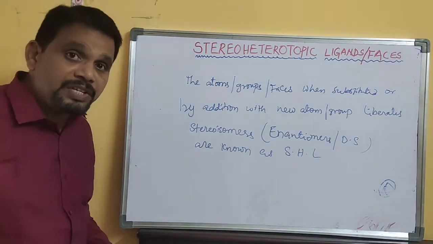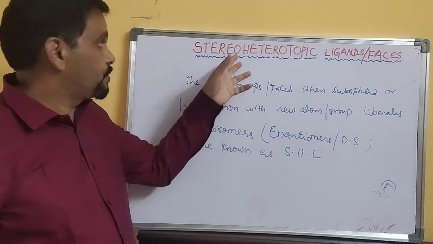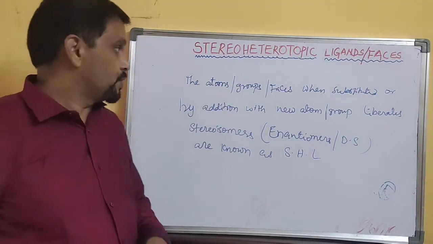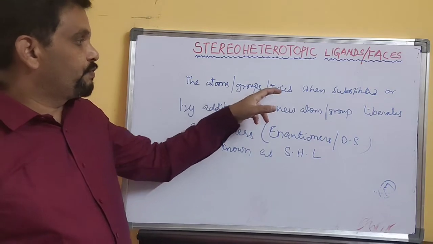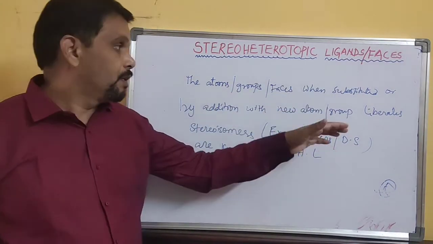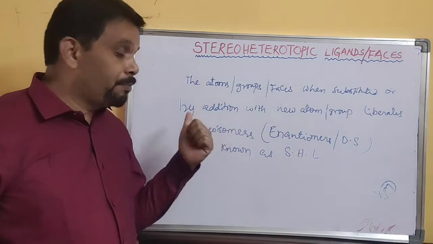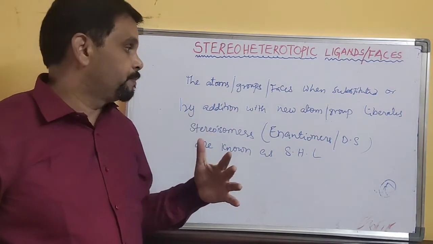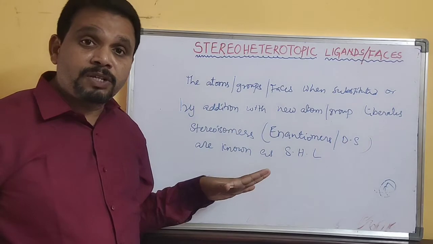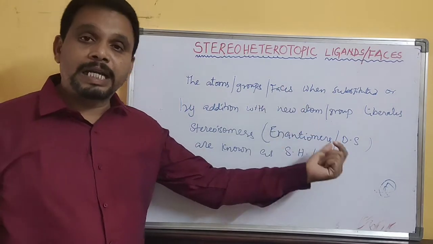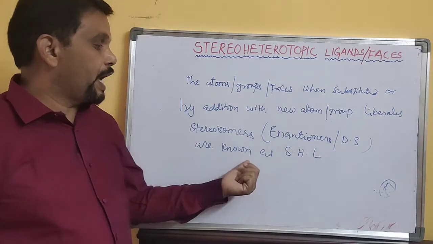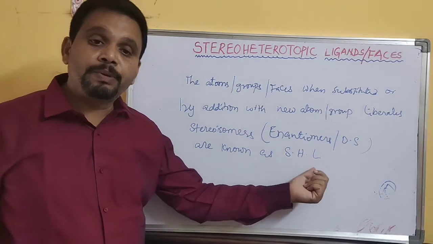So that is the definition of stereoheterotopic ligands: the atoms, groups, phases which, when substituted or by addition with a new atom or group, liberate stereoisomers, which may be enantiomers or diastereomers, are known as stereoheterotopic ligands.